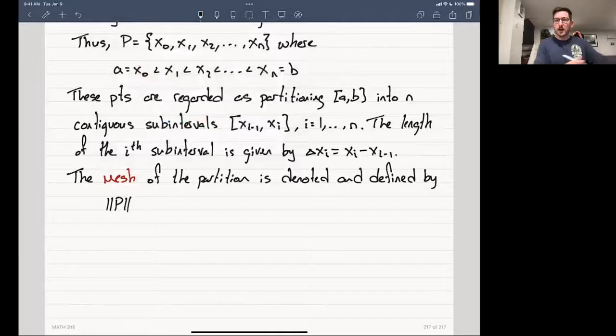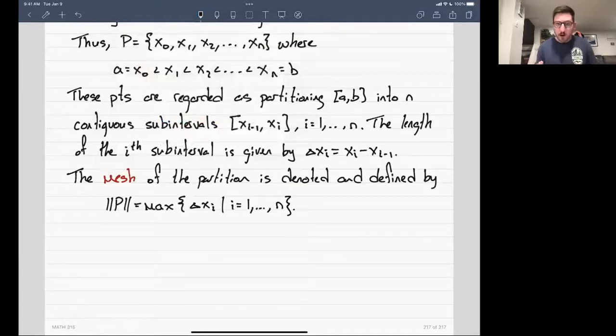The two lines, and P, that's of our partition. This is going to be the maximum of the delta xi's, so the length of these subintervals. So you ask yourself, what is the longest subinterval that is in my partition? Then I'm going to call this the mesh of my interval.